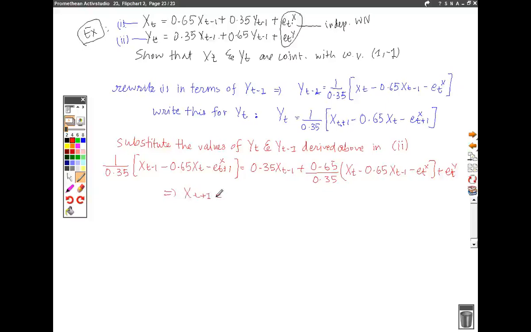So you will have xt plus 1 as 1.3 xt minus... so this is what you will get.